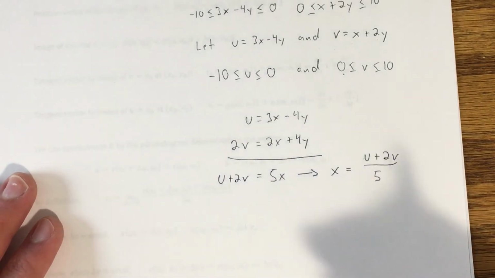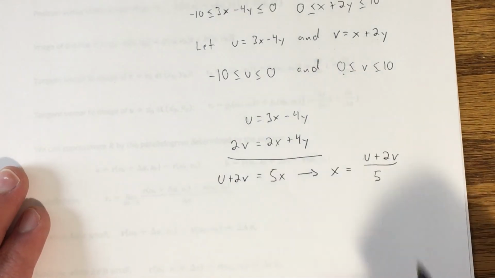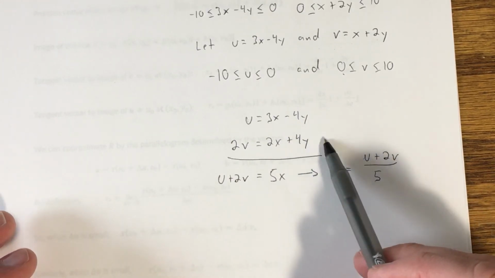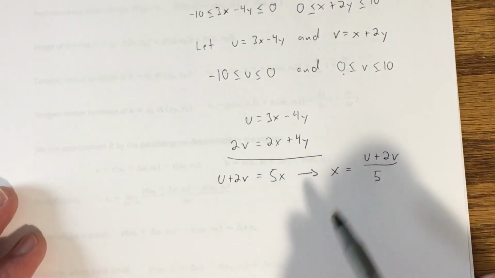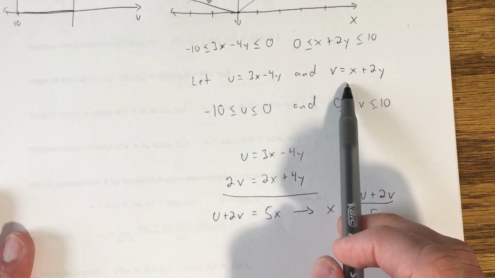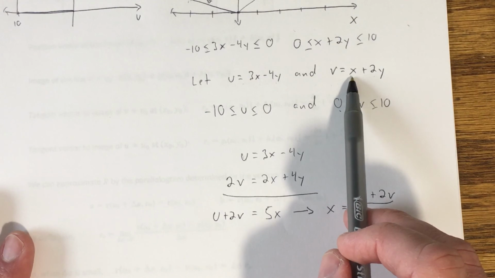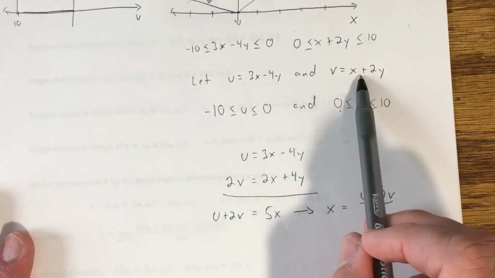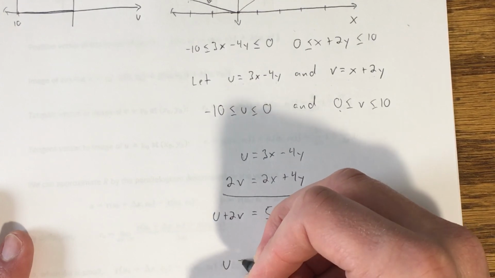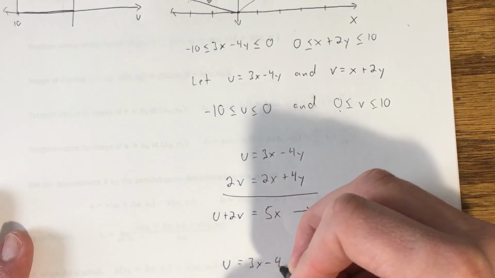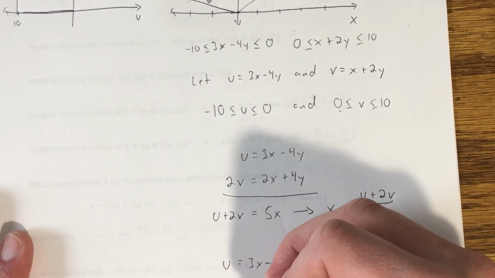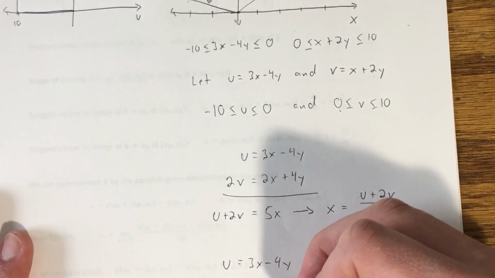Okay, if I do a similar system of equations, but then instead attempt to solve for y, not x, I go up here and I see that u is equal to 3x minus 4y. If I were to multiply this equation here by -3, then I would have u equals 3x minus 4y, and -3v equals -3x minus 6y.